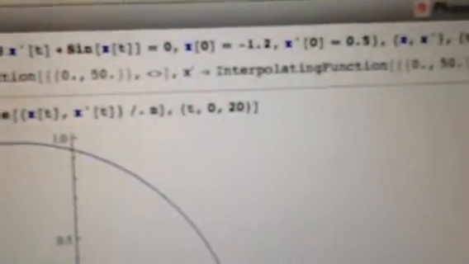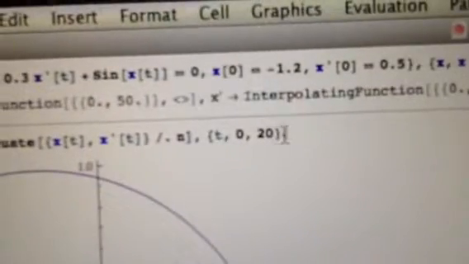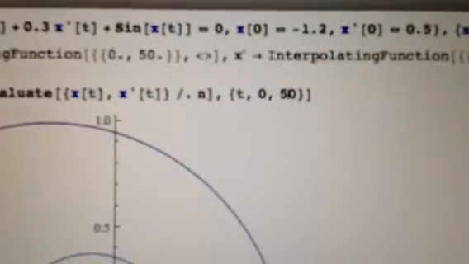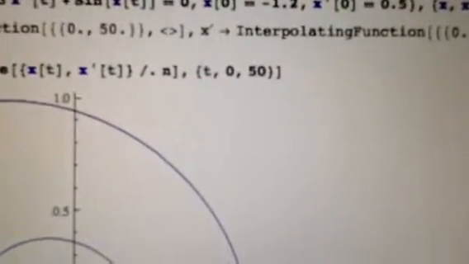We make the same change in the parametric plot, or the phase plane plot. Another shift enter. So now we got a different plot.